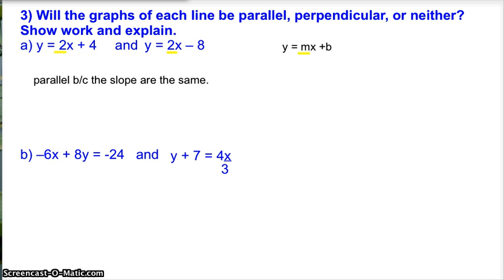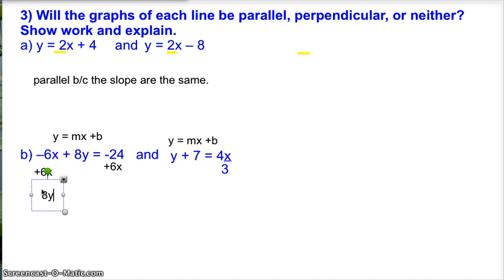Letter B, we have a little bit more work to do. Neither equation is in the form y equals mx plus b. So to get it there, I'm going to start by moving the -6. To move a -6 to the other side, I'm going to add it to both sides. That's going to give me 8y equals 6x minus 24.